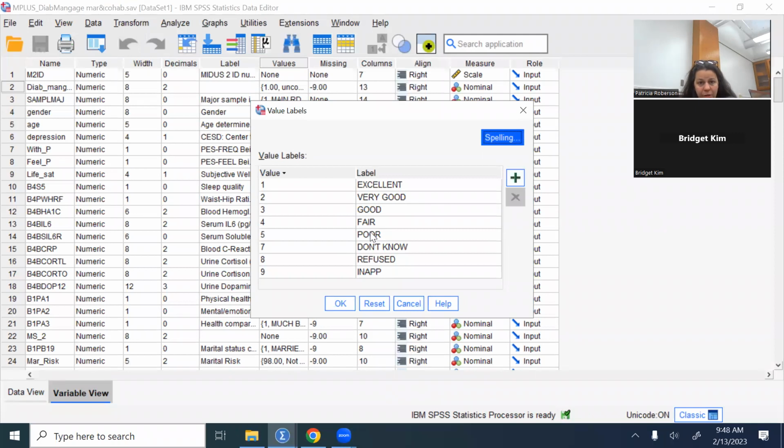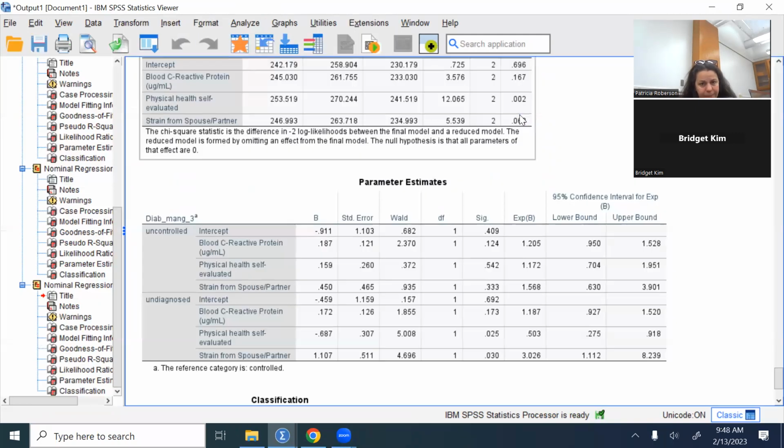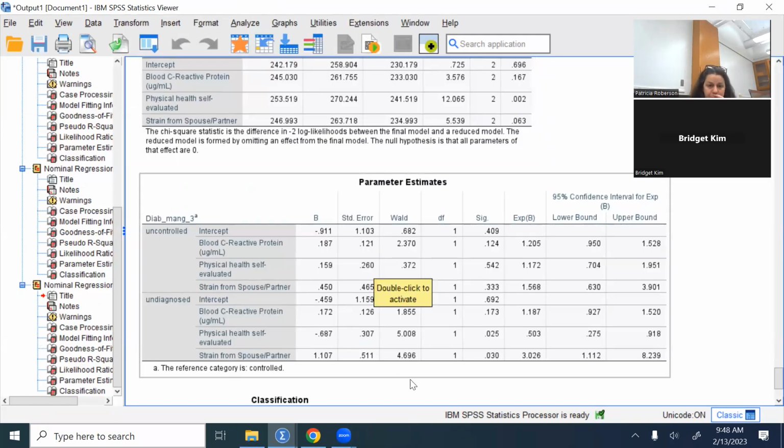For health, higher scores mean poorer health. Okay. There are two variables linked to the likelihood of being undiagnosed compared to controlled. So first is physical health.